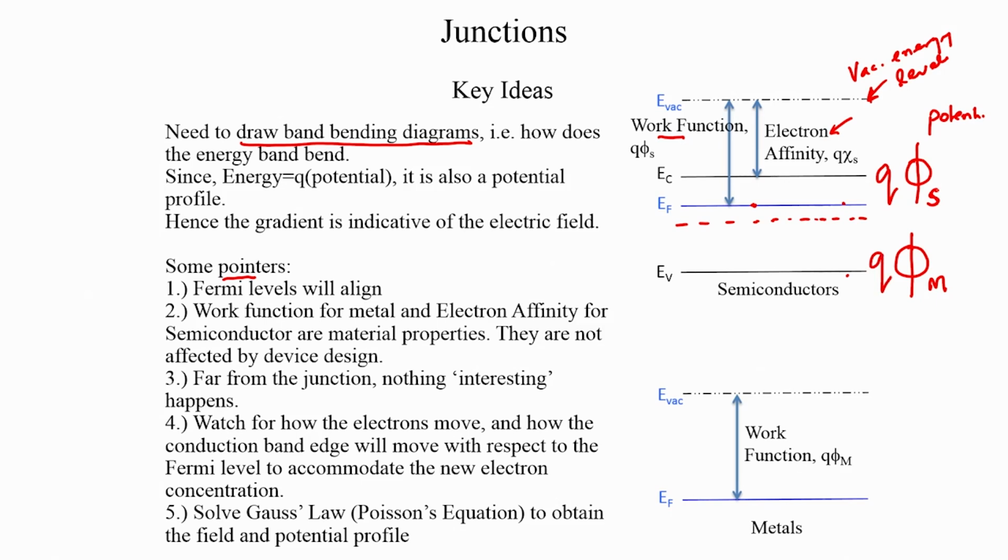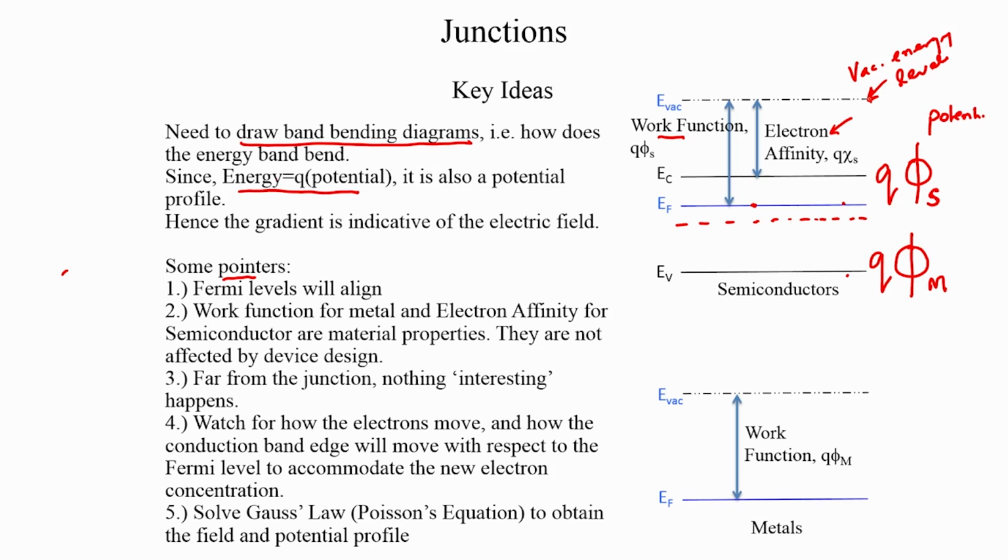So if q phi is equal to 0.1 electron volt, it simply means phi is 0.1 volt. The energy and potential are easily related in any picture like this by multiplying the potential by the charge.